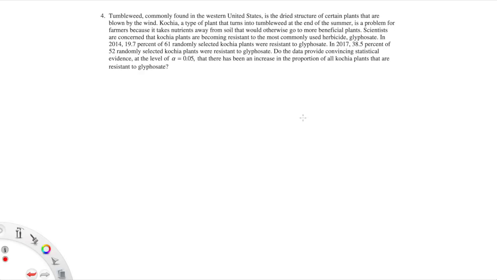So in 2014, 19.7% of 61 randomly selected plants were resistant, right? So in 2014, we have 19.7% of 61 are resistant.